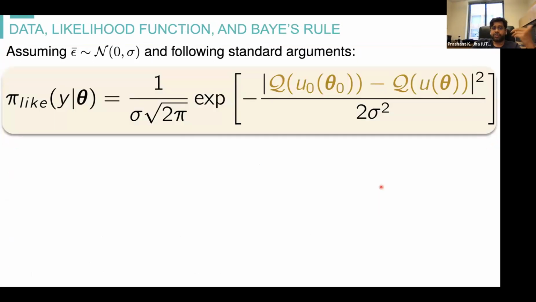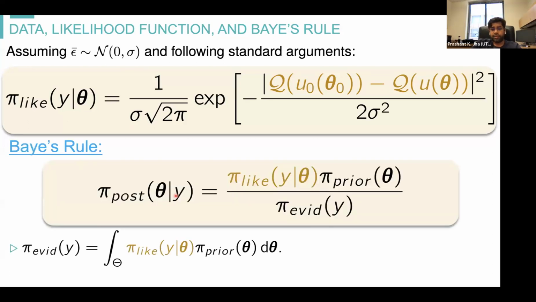And then we apply the Bayesian scheme. Assuming that this total noise is Gaussian, a very standard assumption, we get this Gaussian likelihood function, where at the heart of this likelihood function is the goal-oriented error here. And this is where I'm going to use the estimates. Then we can apply Bayes rule to relate likelihood and prior to the posterior, right?